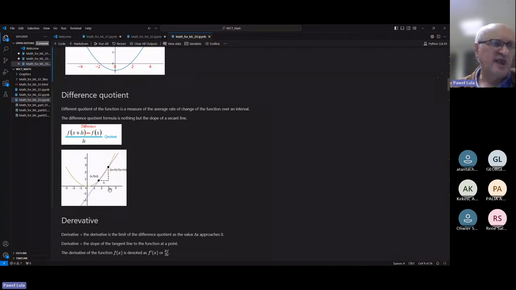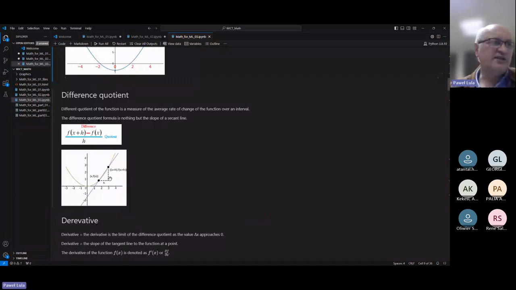And also for x equal to 3. And this value is here. So I calculated values of this function for two different inputs, x and x plus h. It is here.